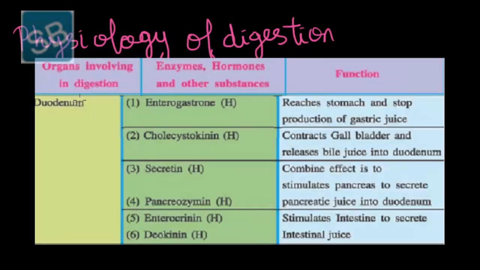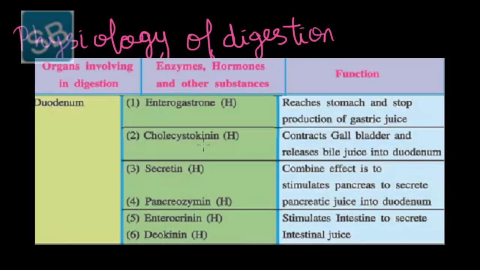The next structure that helps in the process of digestion is the duodenum. It also secretes various hormones and enzymes, for example, enterogastrone, cholecystokinin, secretin, enterocrinin, duocrinin and pancreozymin, which have specific functions as mentioned in the table.